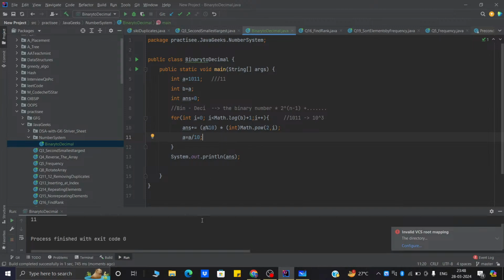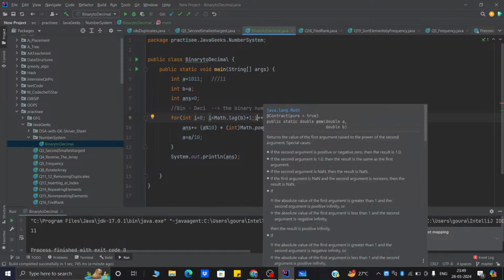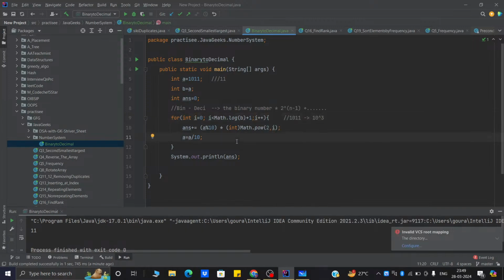Yes, because what was happening is that if a equals a by 10, now a will become 101. So here the loop should have gone 4 times, but it will go 3 times. That's why the number was gone. That's why we copied the number into another number, so that it doesn't hamper the iteration. Okay, you understand? Yes. Yes. Ronit? Understand? Yes, yes.